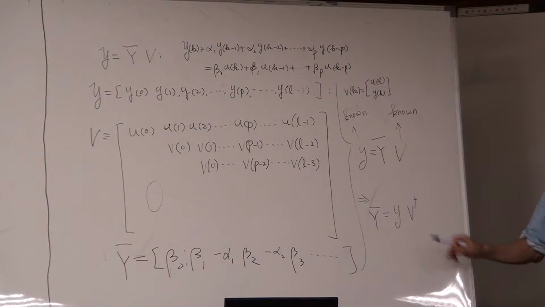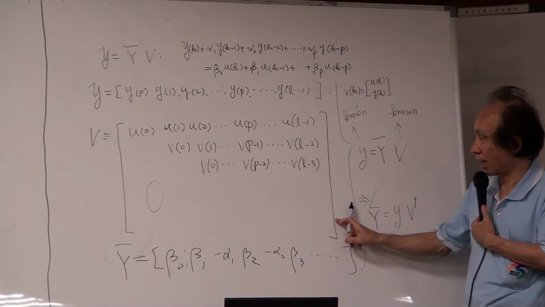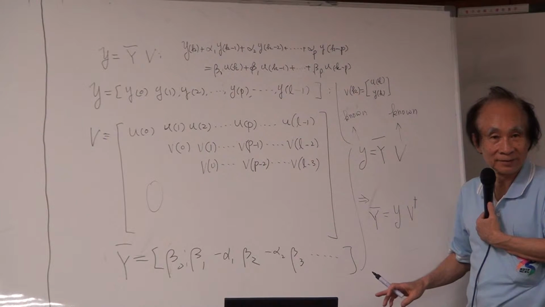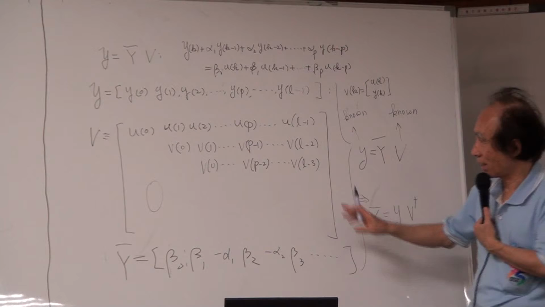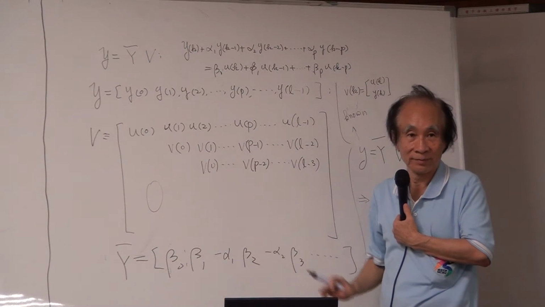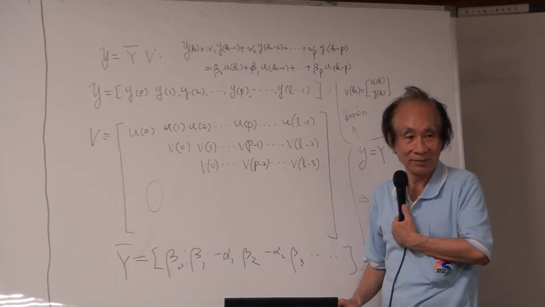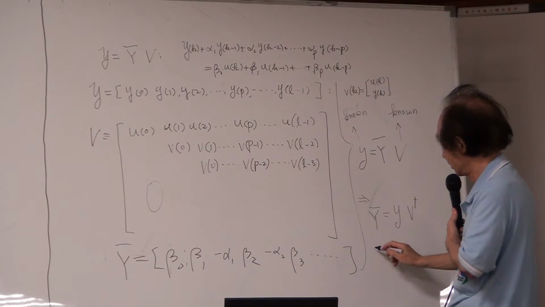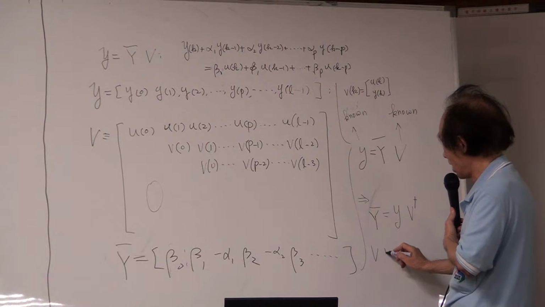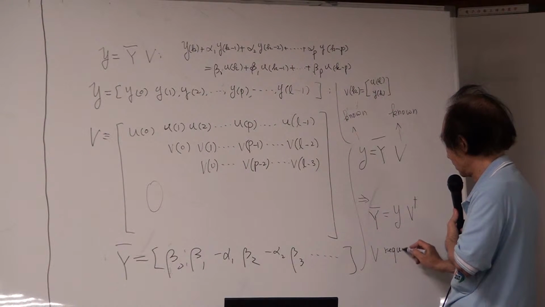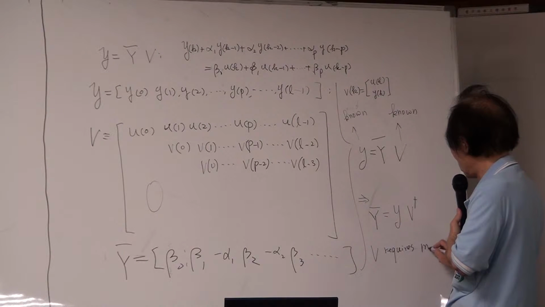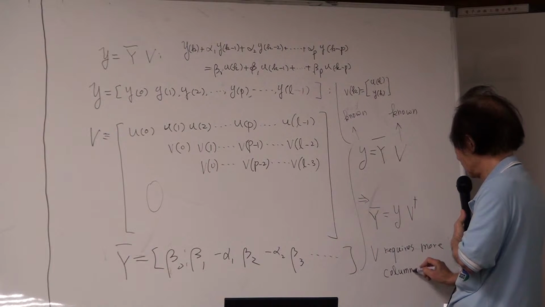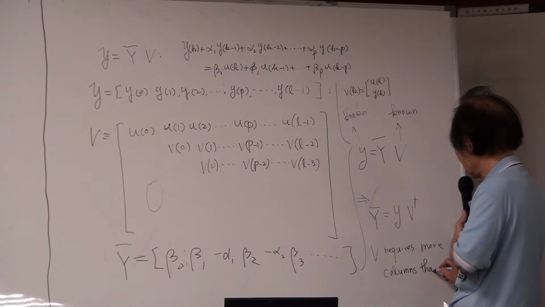To make a pseudo inverse, I have to have this matrix with what? I have to have more columns than rows. Right? So V requires more columns than rows.